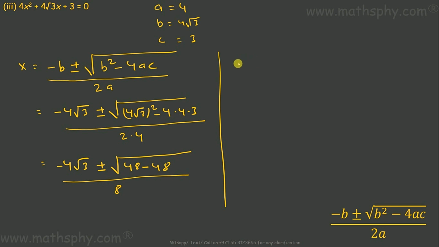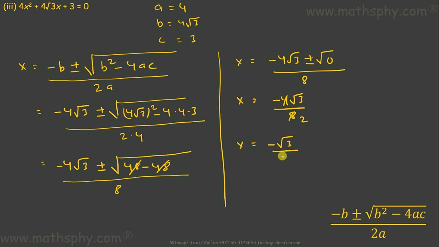So x will be equal to negative 4 root 3 plus minus root 0 over 8. 48, 48 cancel. So x is equal to negative 4 root 3 over 8. So x would be negative root 3 over 2.